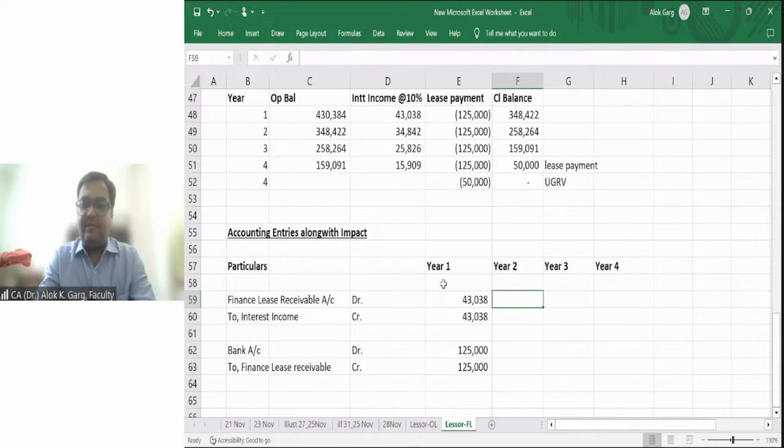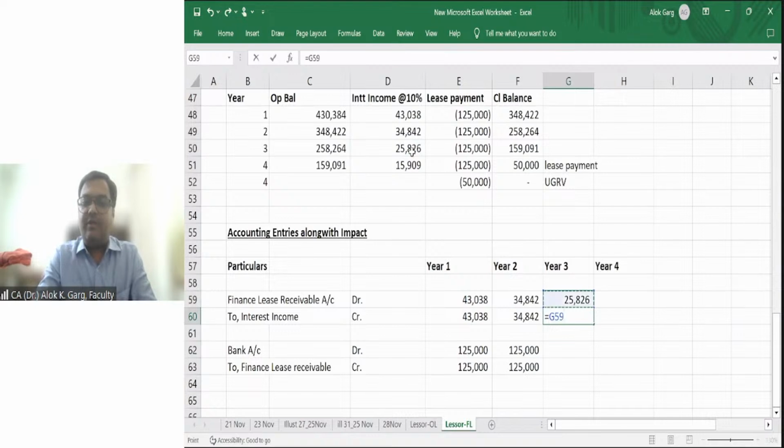Second year, you will again recognize an interest income of 34,000. You will debit your asset, and when you receive the payment, you will credit your assets, right? In the third year, you will again recognize an interest income.